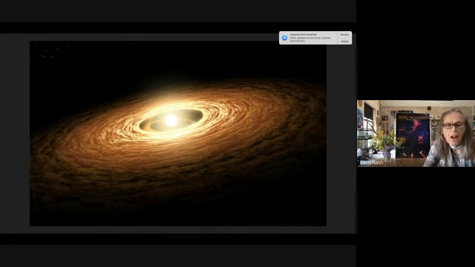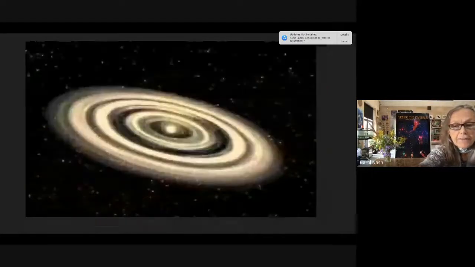And all stars, protostars, have these disks around them. So the dust tends to stick together and begin to form tiny 1 centimeter particles that gradually begin to form larger ones. More and more accretion.